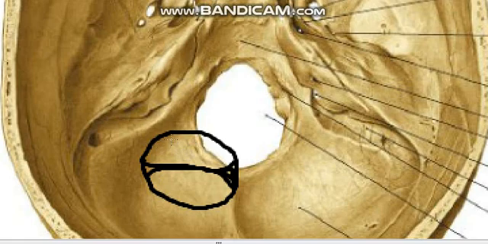So the cavities are in front over here. This is the opening for the facial nerve, and below here this is the opening for the cochlear nerve. The cochlear nerve opening is in the form of a perforated sieve.